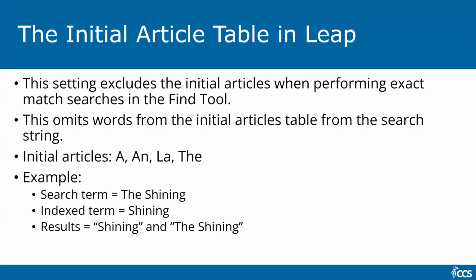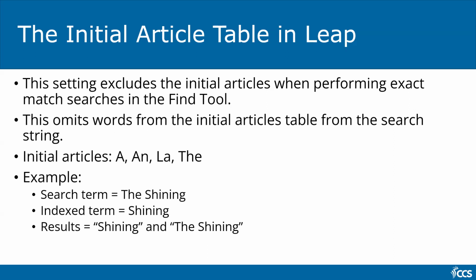So there are two new settings that I want to highlight today. The first one is the initial article table in Leap. So this setting excludes the initial articles when performing exact match searches in the Find tool. So the setting omits words from the initial articles table like the, a, and la, I think are in it.